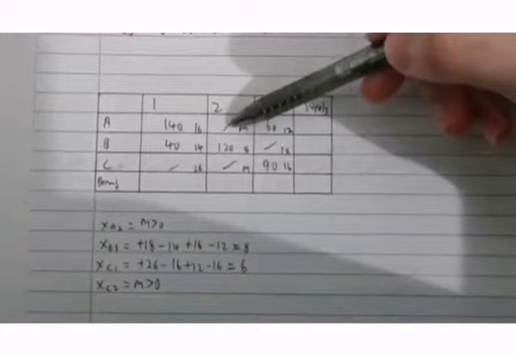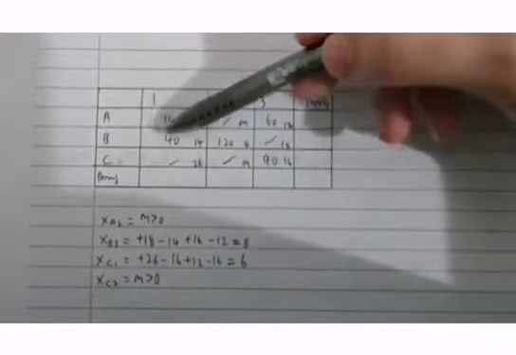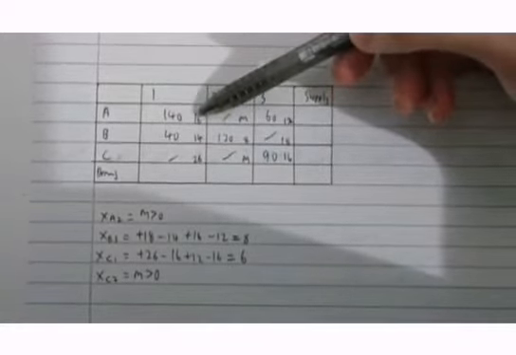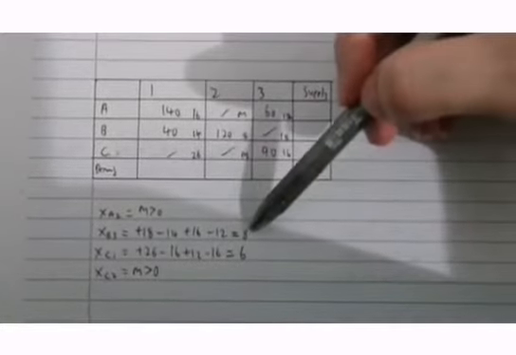Okay, so for this, M is infinity, and for xb3 it is plus 18 minus 40 and plus 16 minus 12, and we get the answer 8.